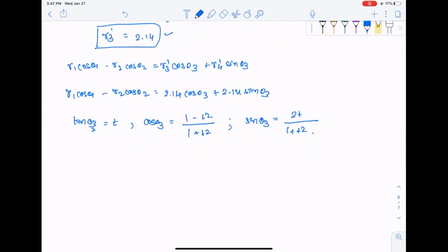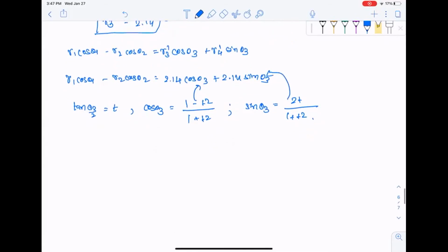If I substitute this value back in, I'll get an equation which will look like this: t square minus 2r4 dash t plus a minus r3 dash is equal to 0.